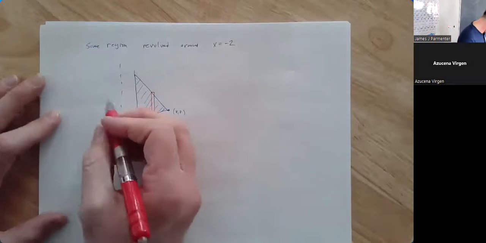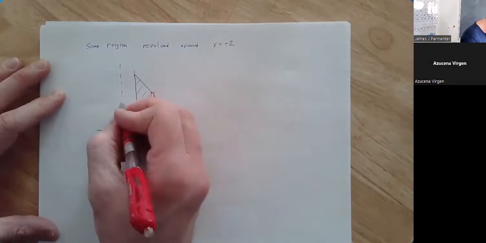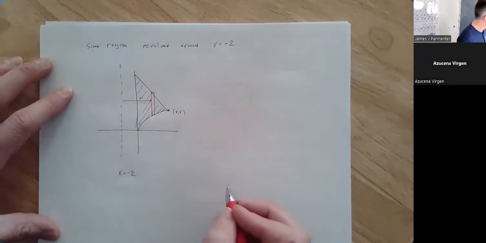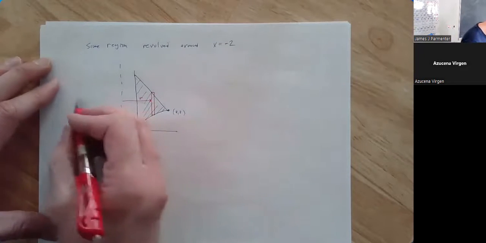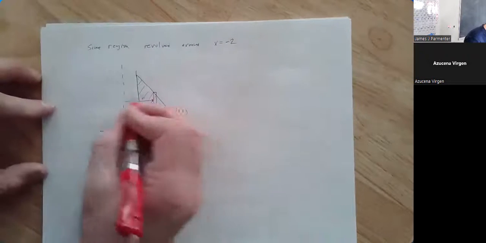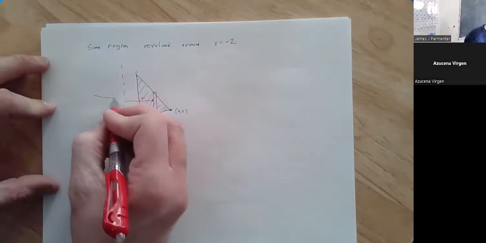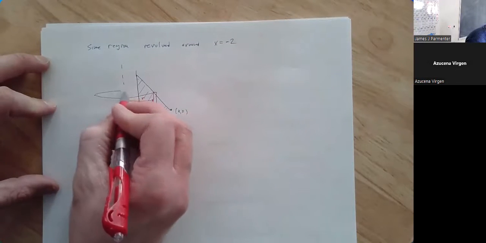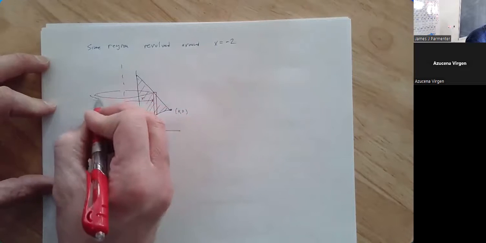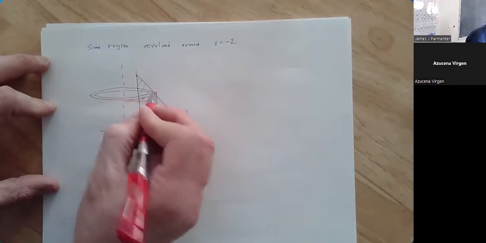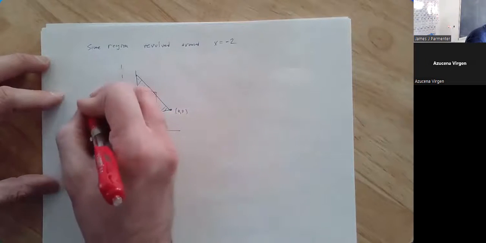And I guess I could imagine, if I were to rotate the strip around, well, now this is my radius. I don't really want to draw the whole shape, but here is the shell.